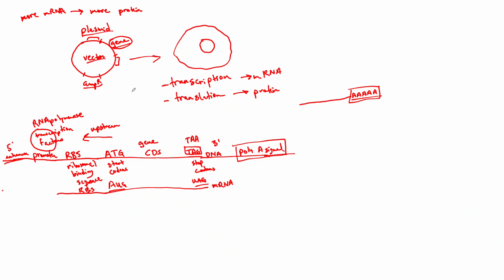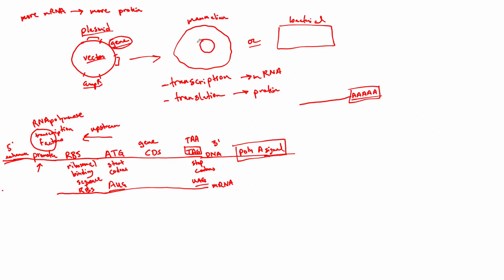And there's another complication too, which is that there are multiple kinds of ways to regulate the gene depending on what cell you want to put it in. So, for example, we may be wanting to study this gene in a mammalian cell, or we may be wanting to study this gene in a bacterial cell.